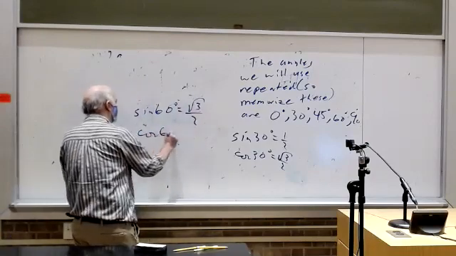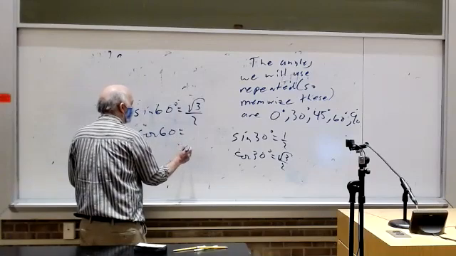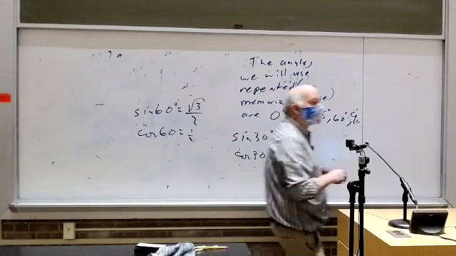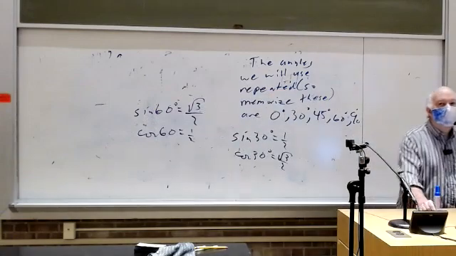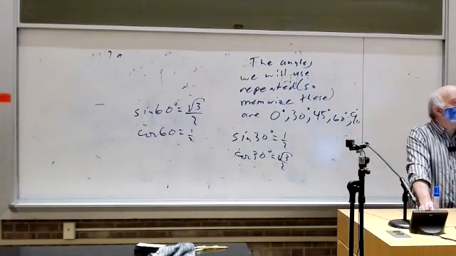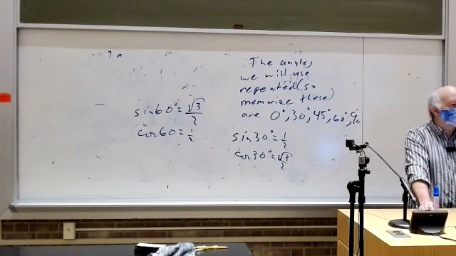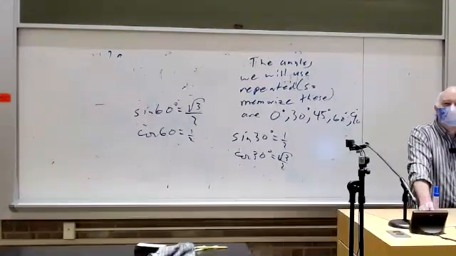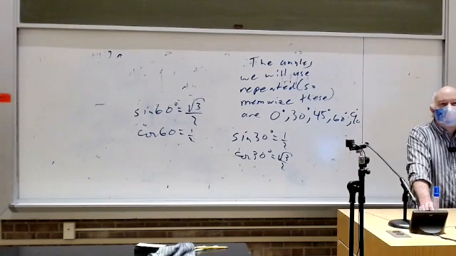Cosine of 60? 1/2. Why are those values those? You could say, well, that's what my calculator gives me. That's not a good answer. There is a triangle. Yes.